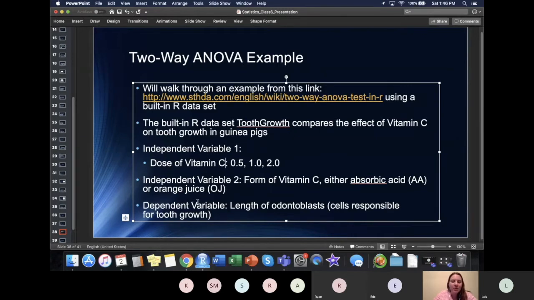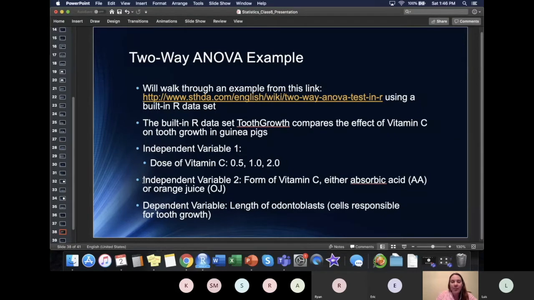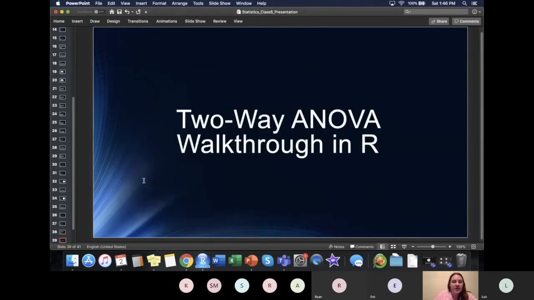So our dependent variable is going to be the length of odontoblasts, basically the length of the tooth or the cells responsible for the tooth growth in the guinea pigs. Don't ask me what that is. I don't know. But it works great for this particular example.